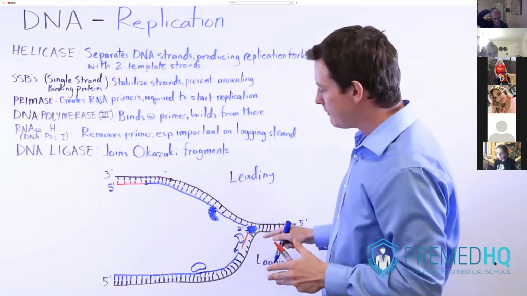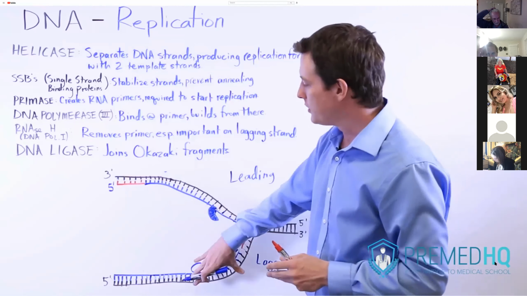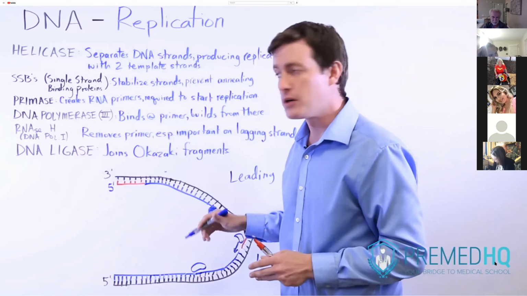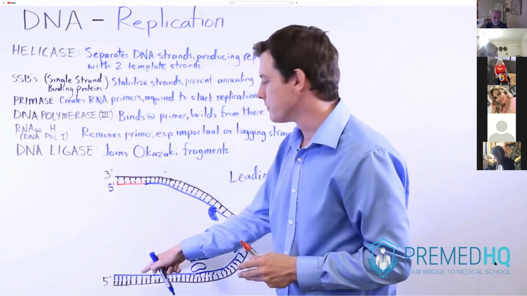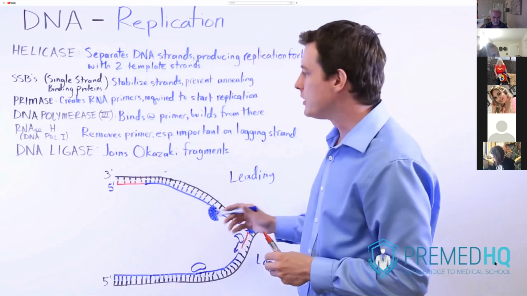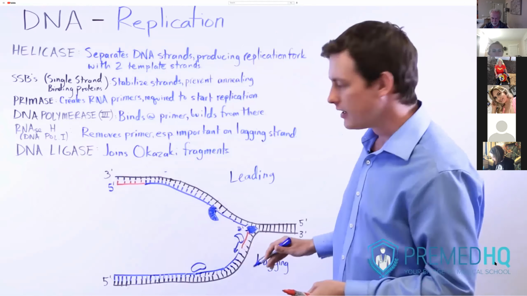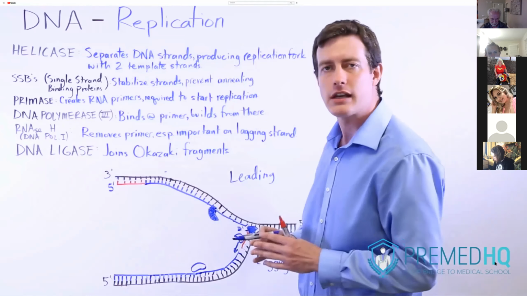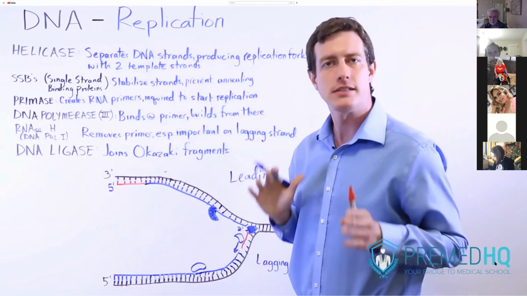But the other half of it is discontinuous. It has to lay down new primer, produce an Okazaki fragment, get rid of that previous primer, and then join the newly synthesized strand with the previously synthesized one using a DNA ligase. And so that is a discontinuous process. So half of it is discontinuous and half of it is continuous. And that means that DNA replication is called semi-discontinuous.